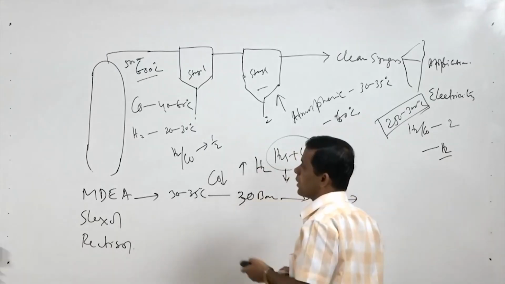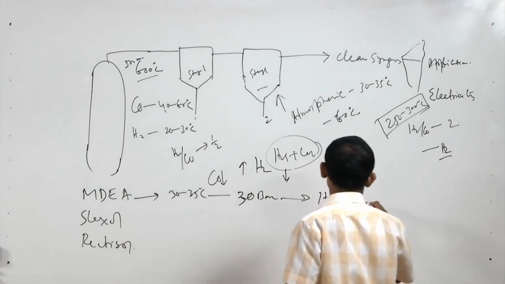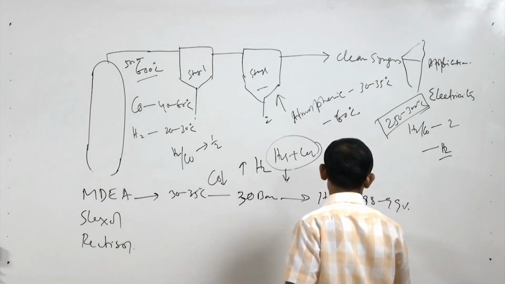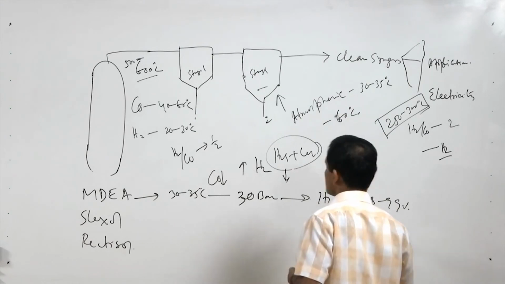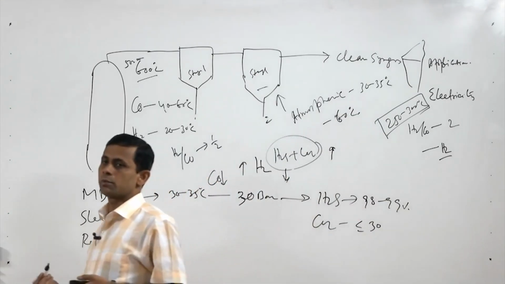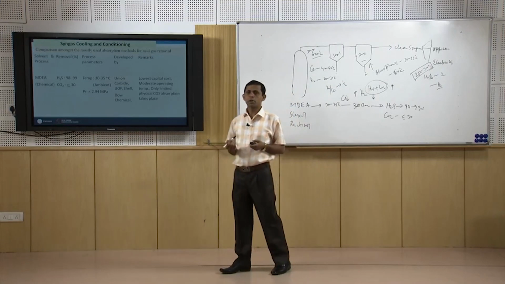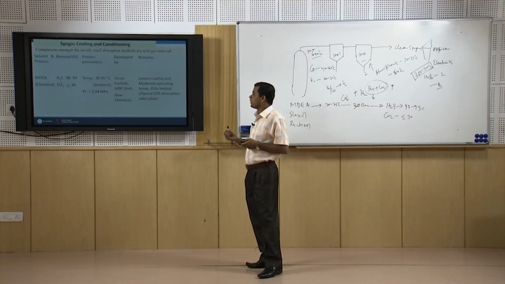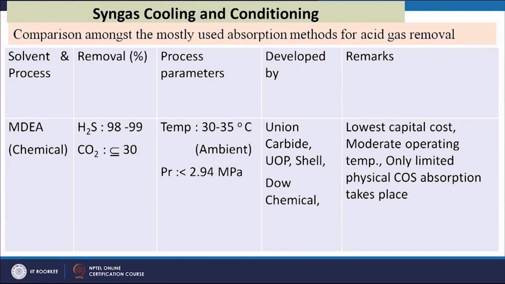CO2 removal is less than or equal to 30%. So, up to 30% CO2 removal is possible using this chemical absorption method. This is developed by Union Carbide, UOP, Shell, Dow Chemicals; all those licensors are using this in their plants, and this is low capital cost.